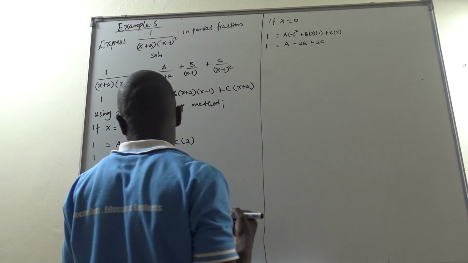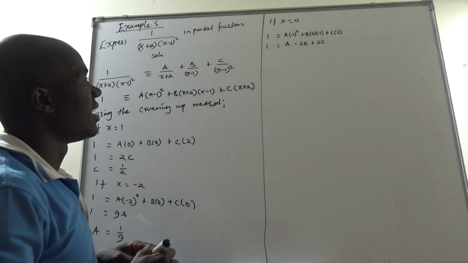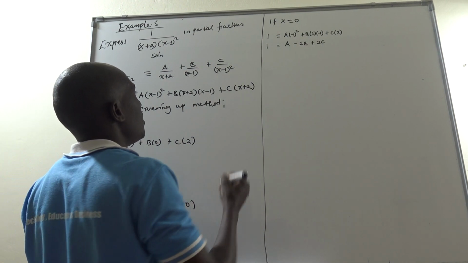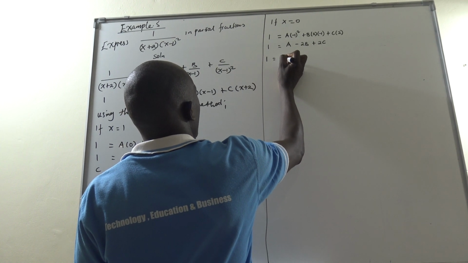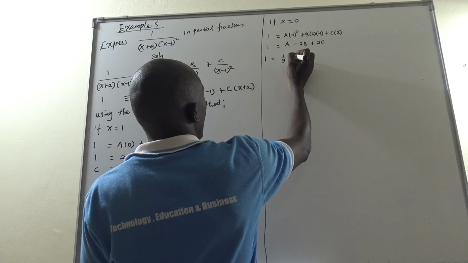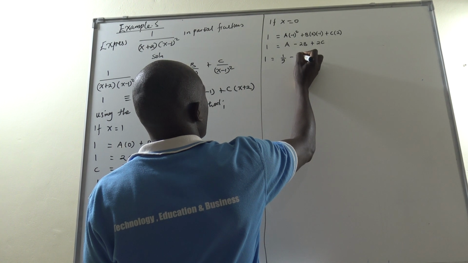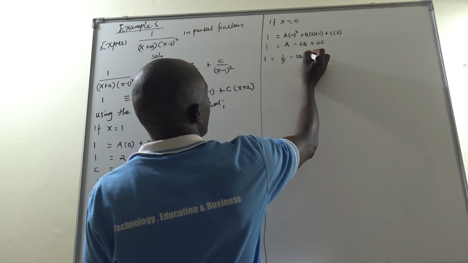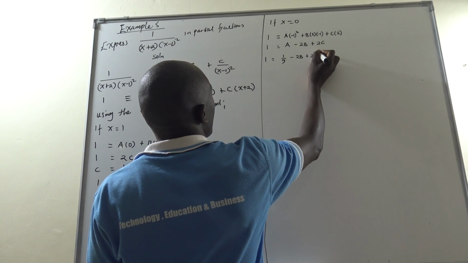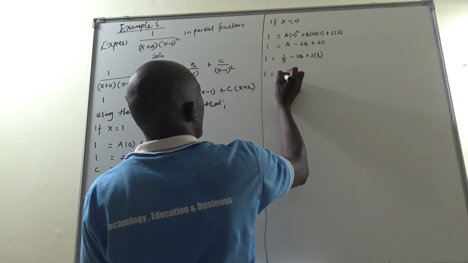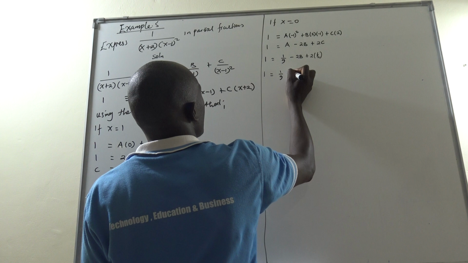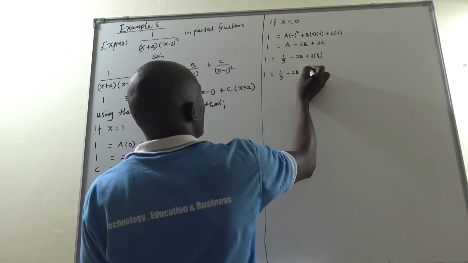Do we know our values of A and C? Then we are free to substitute them. We say 1 equals 1 over 9 minus 2B plus 2 into a half. So we are getting 1 equals 1 over 9 minus 2B plus 1.